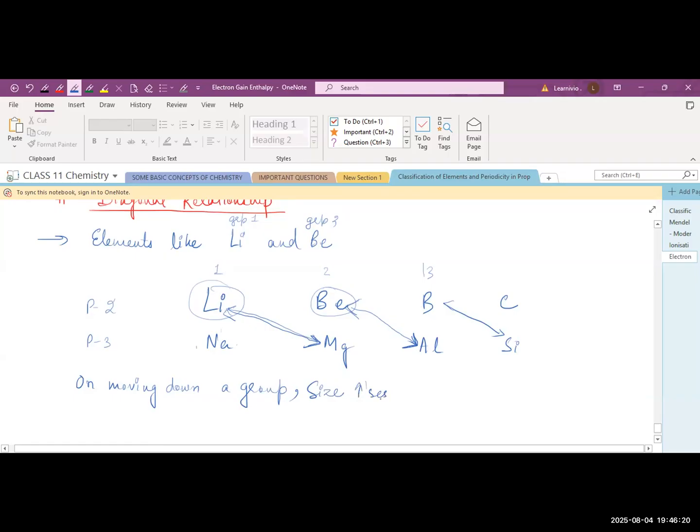And on moving from left to right in a period, size decreases. Left to right I am saying, size decreases. So thus, on moving diagonally, what happens? The size remains nearly the same.